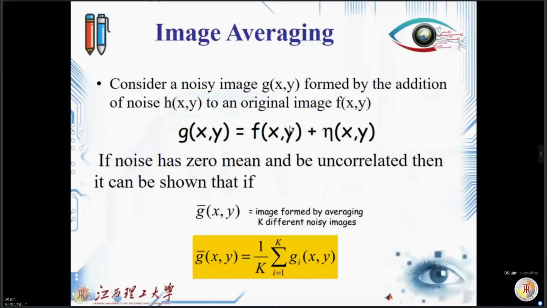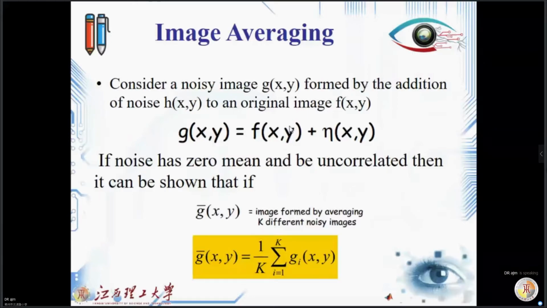Then, if I want to calculate the variance of that, we can have the variance of g bar and eta with this formula. In that, if I increase K, it indicates that the variability, or noise, of the pixel at each location decreases.